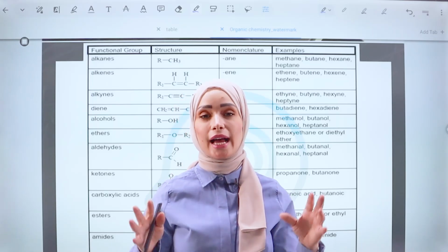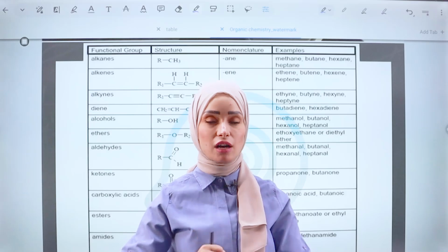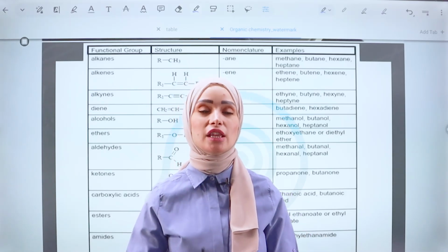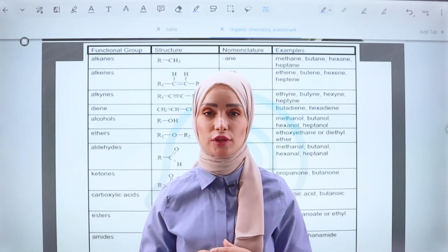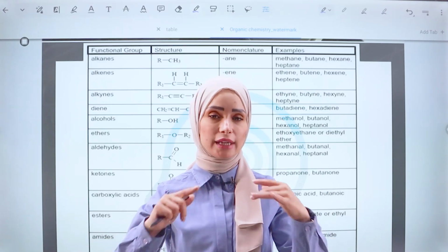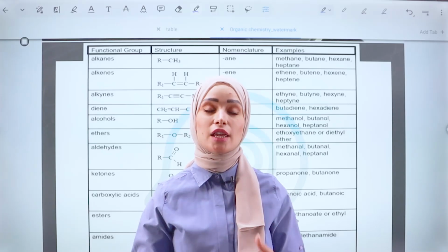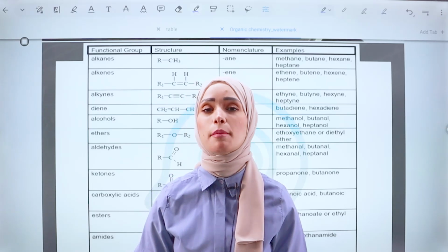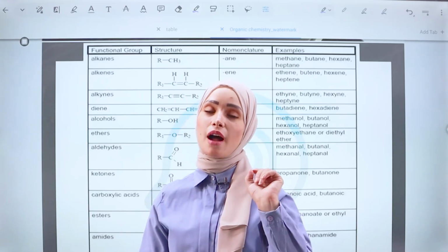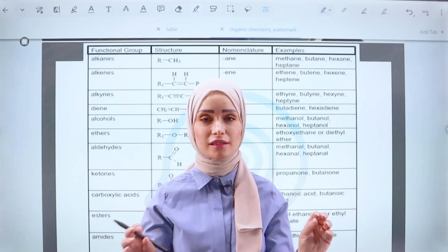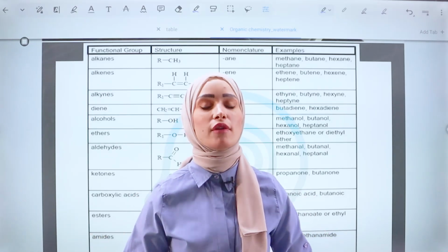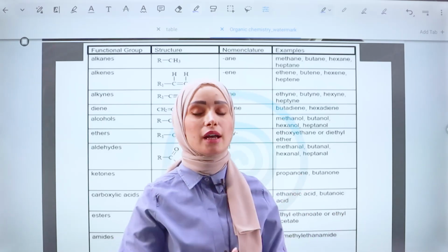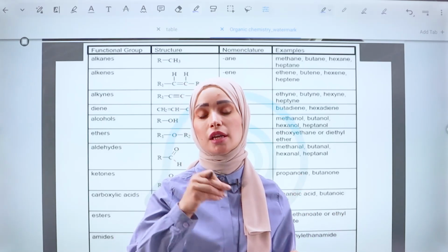Whenever you see a hydrocarbon that contains oxygen, nitrogen, or a halide, it is said to be one of the other functional groups of the hydrocarbons, not only the alkanes or alkynes. There are many different functional groups which are widely used in our daily life, and they are very important. But don't worry. In your American high school diploma, you are only asked to know simple information about the functional groups. In advanced level, you are going to go through these functional groups in detail.